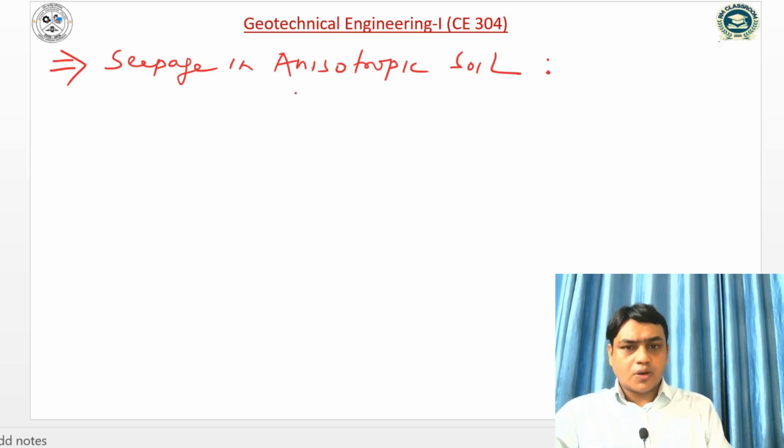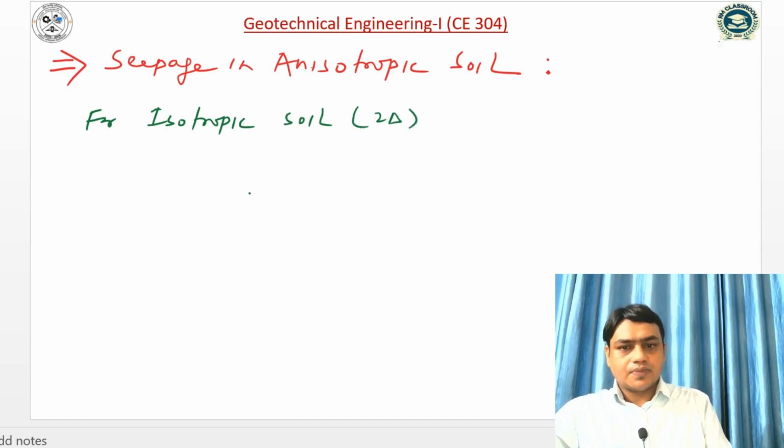Anisotropic in terms of permeability means the permeability in each direction is not the same. In the previous discussion we saw the Laplace equation for isotropic soil in two dimensions.